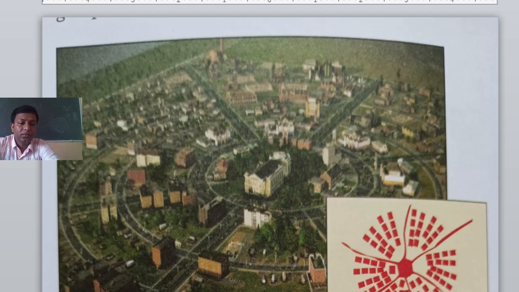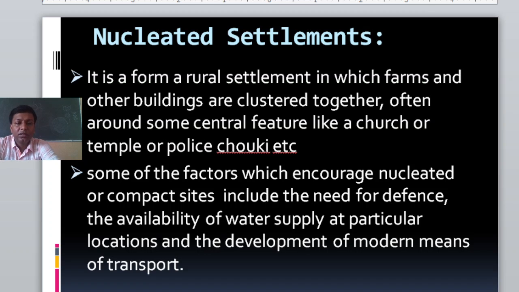Now nucleated pattern. It is a form of rural settlement in which farms or buildings are clustered together, often around some central feature like a church, temple, or police chowki. Some factors which encourage nucleated or compact sites include the need for defense, the availability of water supply at particular locations, and the development of modern means of transport.